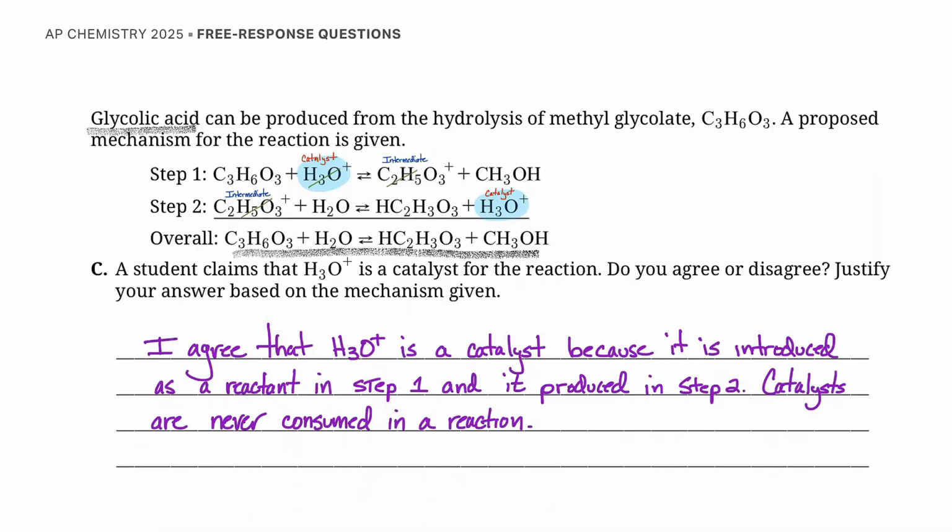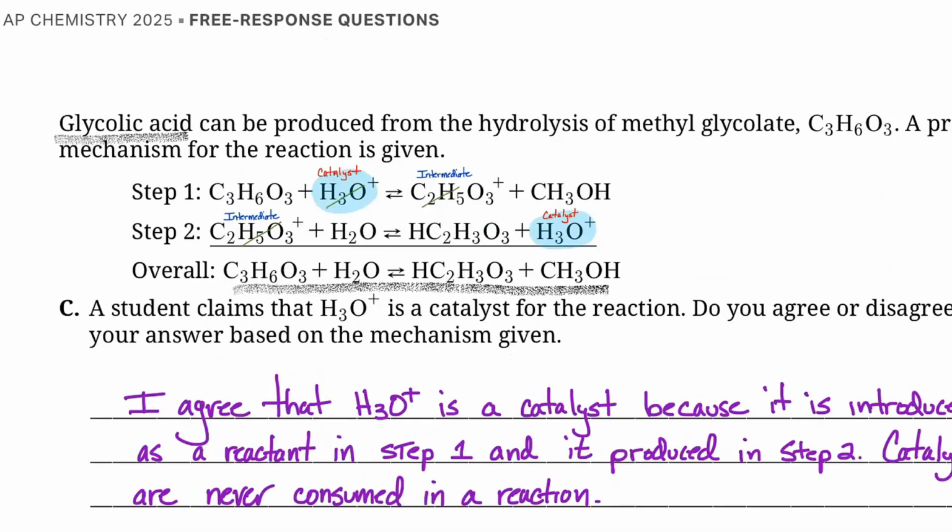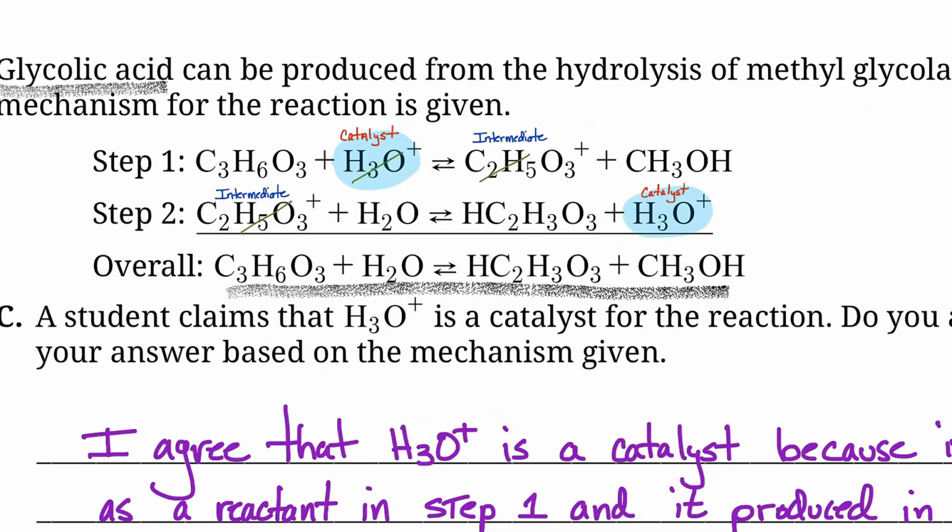And the student claims that the H3O plus is a catalyst. Now, a catalyst, we should understand, is something that we're going to add to some reactants, and it's going to change the pathway. A lot of times a catalyst is responsible for a certain mechanism. So if I zoom in here, what did I add that created an intermediate that started a second step?